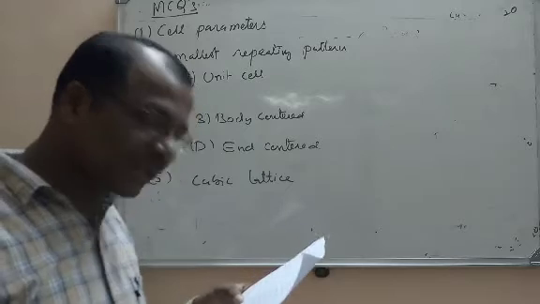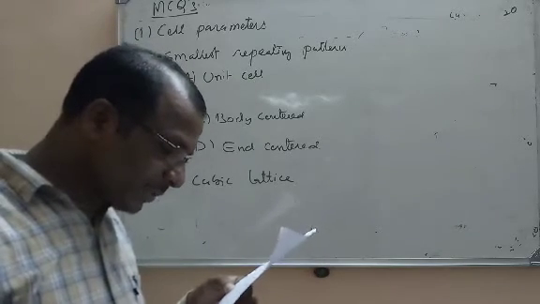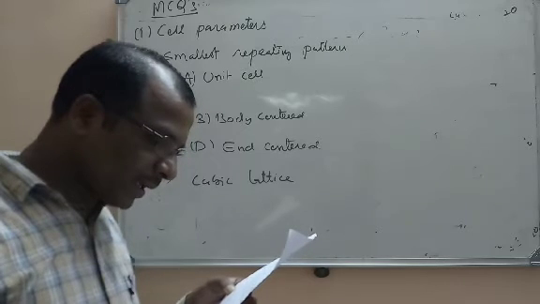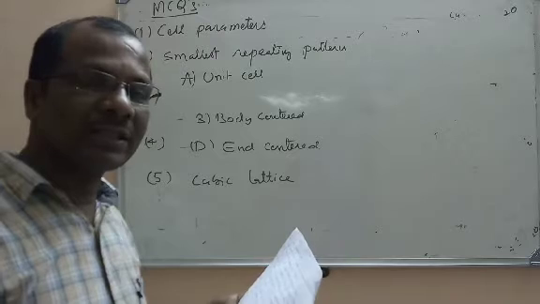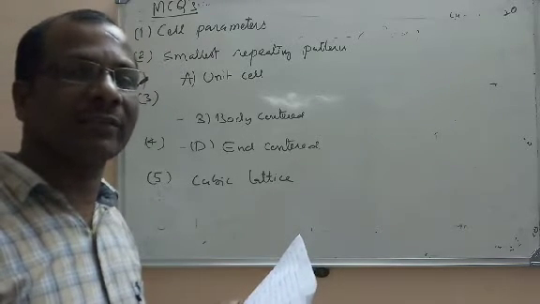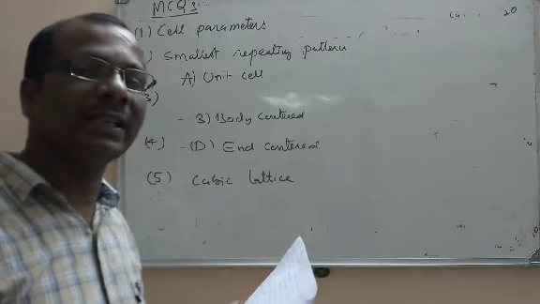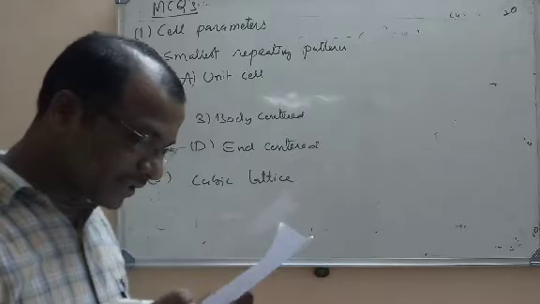I am reading the first option once again: a equals b is not equal to c, alpha equals beta equals 90 and gamma equals 120. What is this system? Hexagonal system. a and b are equal and c is not equal, and alpha, beta are 90 and gamma is 120. It is hexagonal. It is not an example for the cubic system.